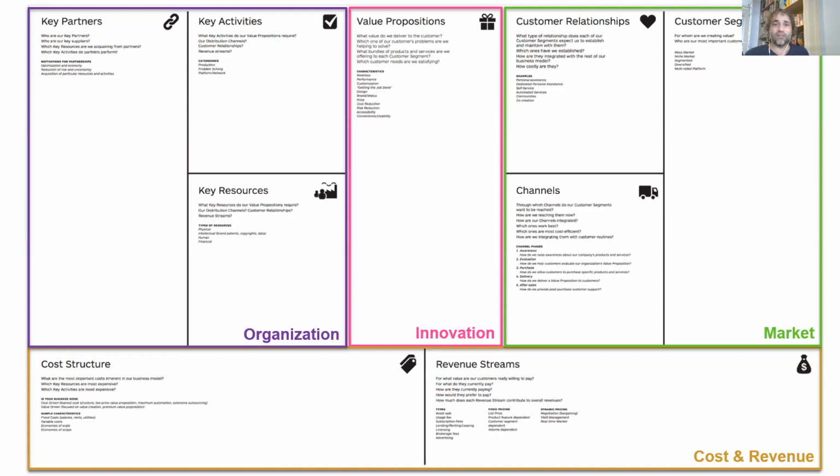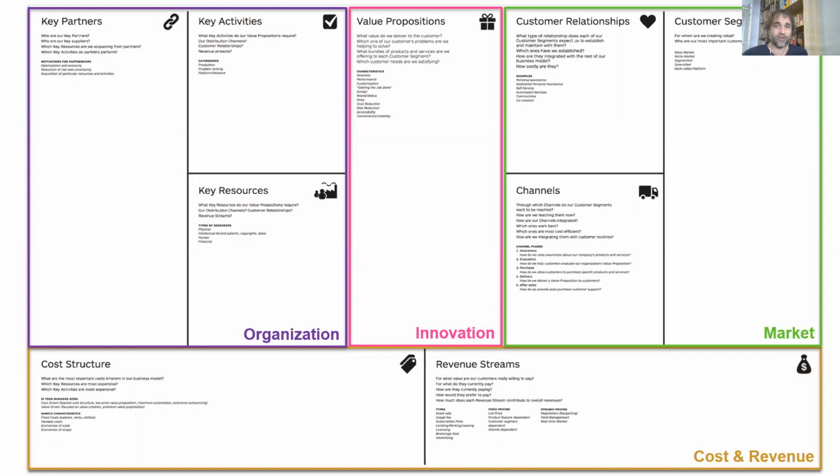And then finally, the organization part. What do we need in our organization to make the innovation happen? Who are our key partners? If the innovation is a physical product, do we outsource it? Does another organization make it for us? Do we make it ourselves?